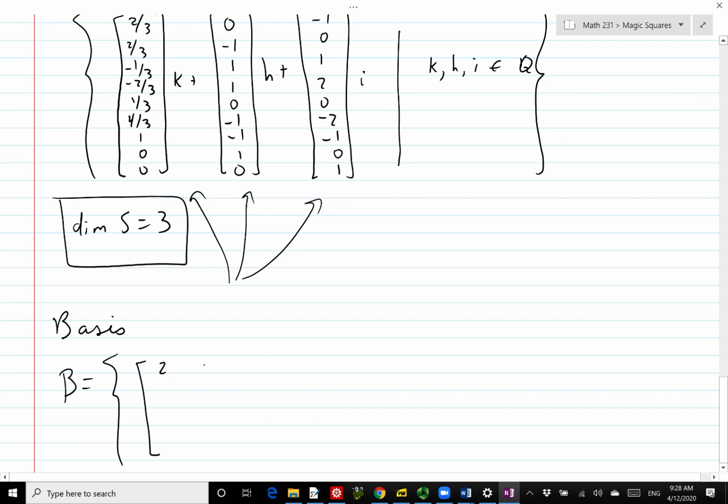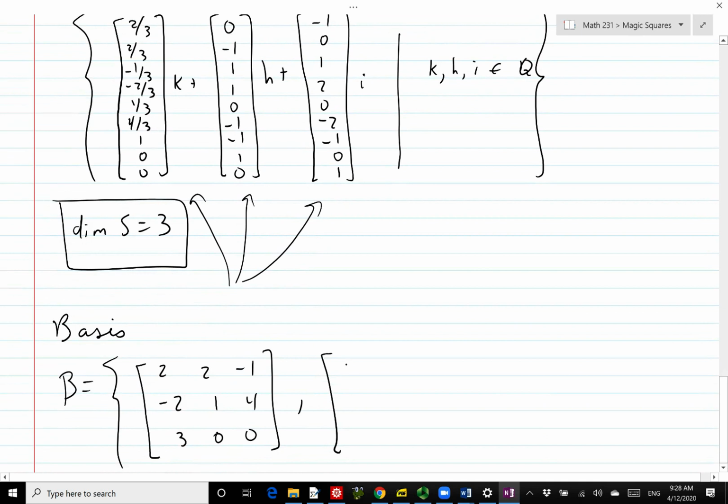So we have 2, 2, -1, -2, 1, 4, 3, 0, 0. And then in the middle one we have 0, -1, 1, 1, 0, -1, -1, 1, 0. And the third one is -1, 0, 1, 2, 0, -2, -1, 0, 1.